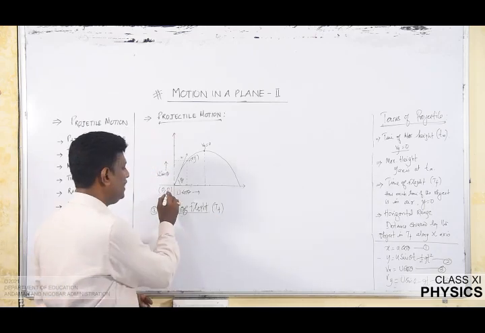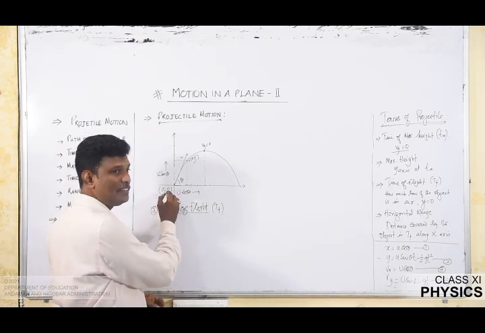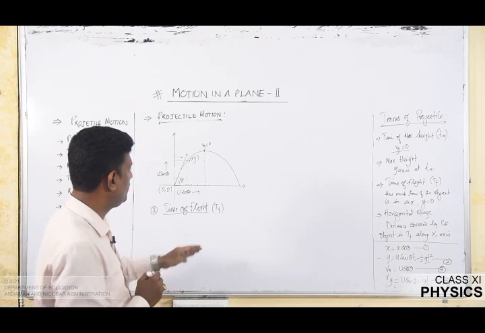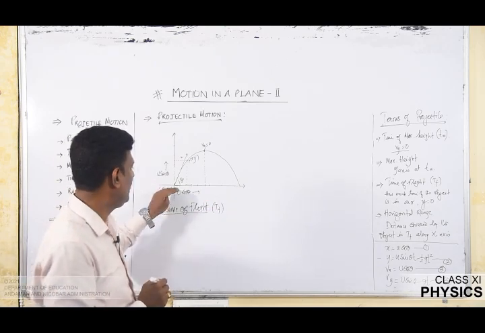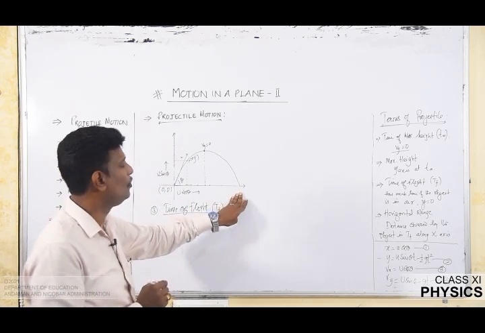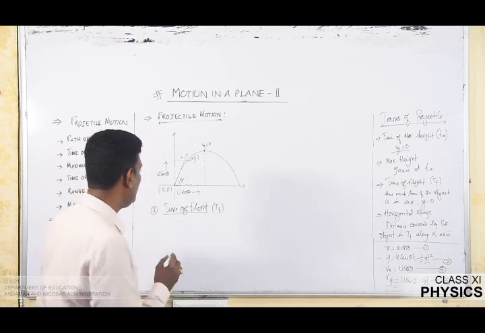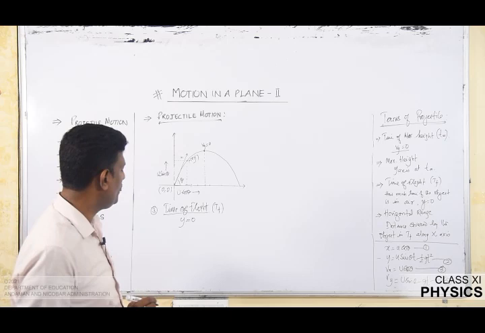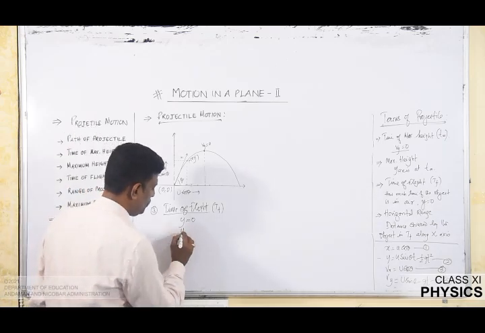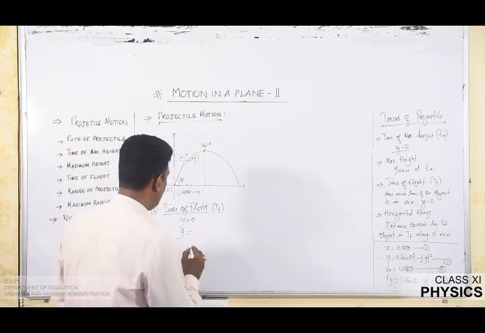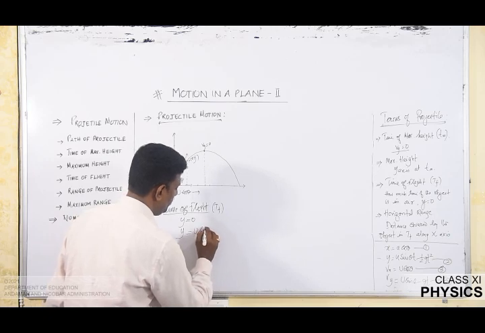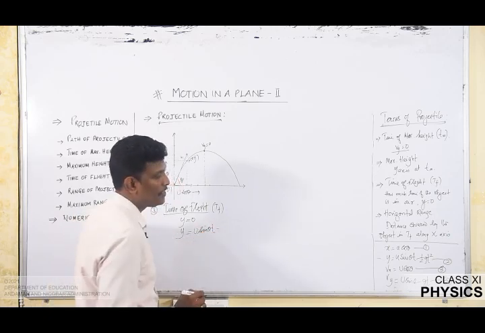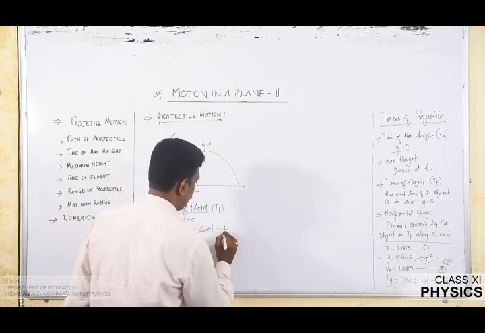Here we know that at the initial point x axis and y axis are 0, but at the final point there is some x value and the y axis is equal to 0. So, we can take y is equal to 0. We know the equation y is equal to u sin theta t minus half g t square.